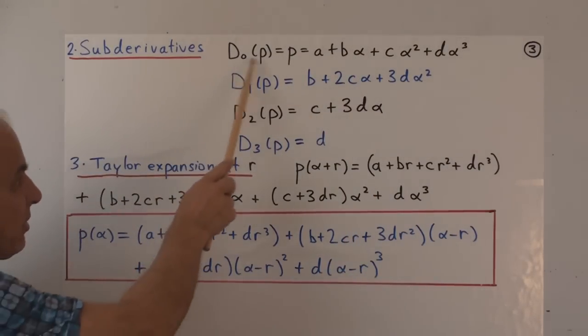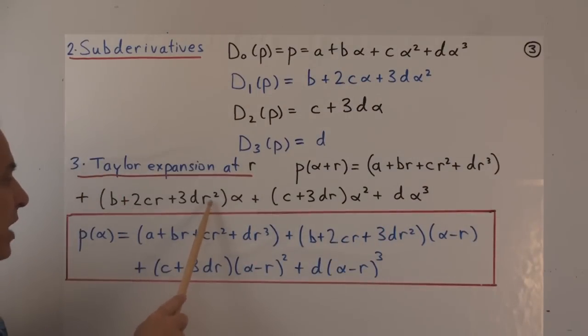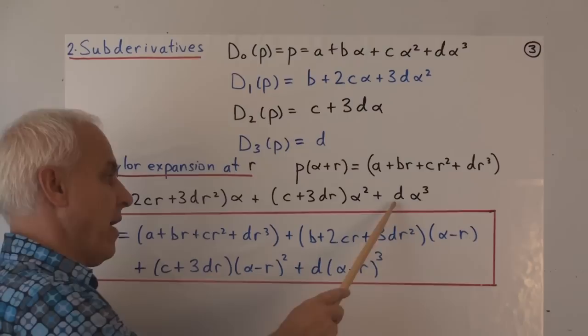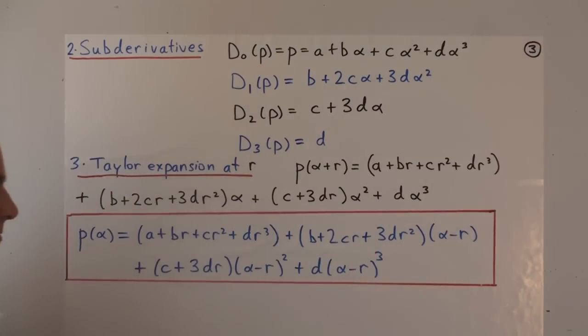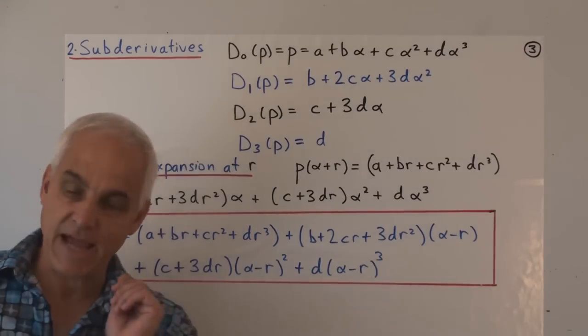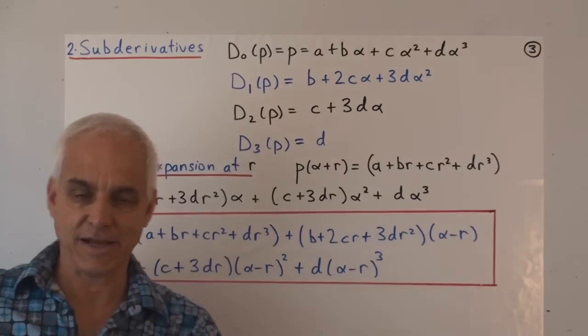That's d0 of p evaluated at r. Here's d1 of p evaluated at r. Here's d2 of p evaluated at r. And d3 of p evaluated at r. And now we make a shift or a translation. In this formula, we now replace alpha with alpha minus r. So let's translate.